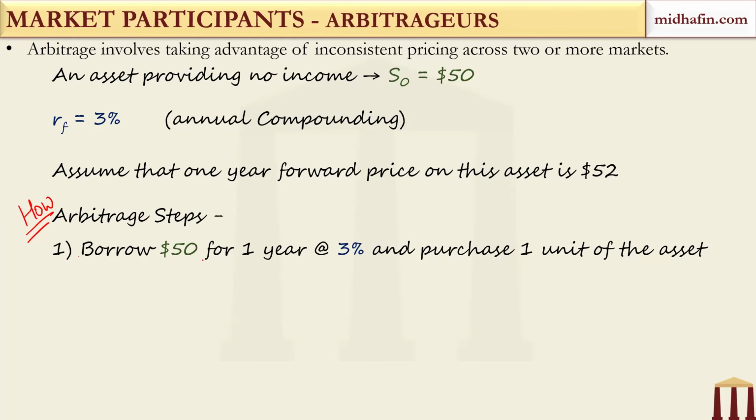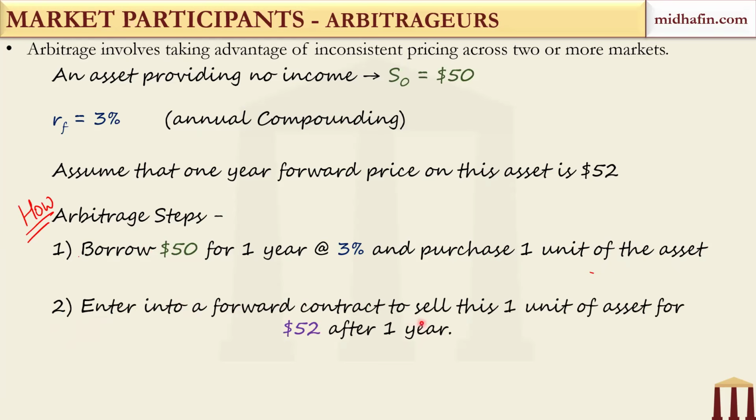So suppose you borrow $50 for 1 year at 3% and then purchase 1 unit of the asset. Then you enter into a forward contract to sell this 1 unit of asset for $52 after 1 year. Tell me one thing: at time t equal to 1 year, when you execute this forward contract, you have to, right? It's an agreement. How much money do you get by selling the asset?